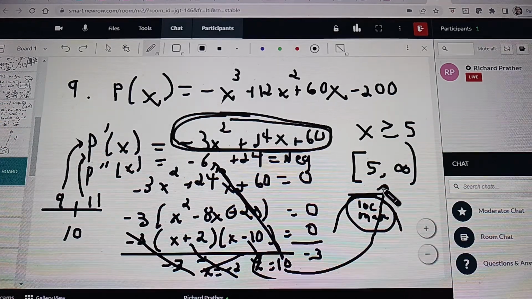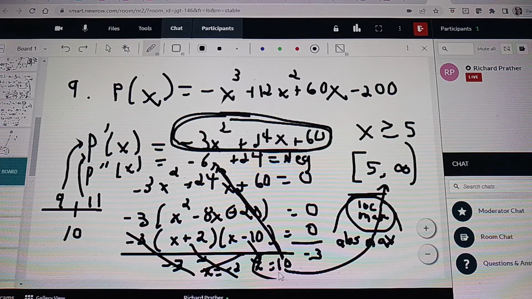And in fact, if you did them both, you would never get different answers. So either way you want to do it, there is a local maximum at 10. And because it's the only critical number in the interval, then by the critical point theorem, 10 is also the absolute maximum.